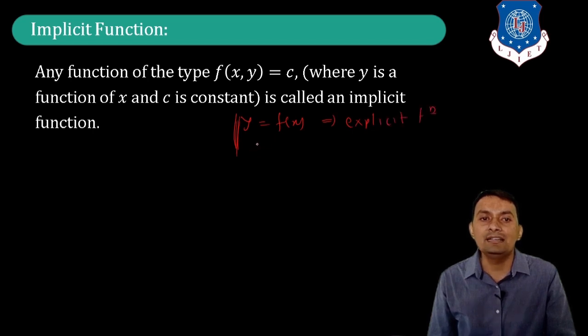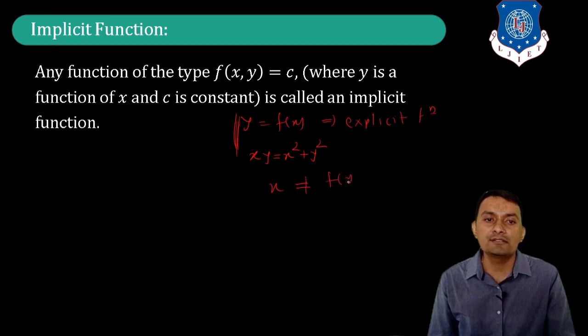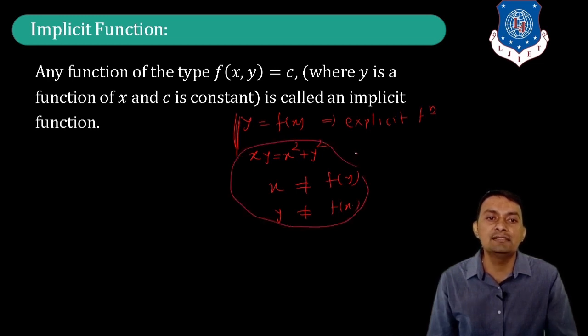But if y is not directly dependent on only one variable, say xy is equal to x square plus y square, then x cannot be written as a function of y, or y cannot be written as a function of x, and therefore this function is known as implicit.